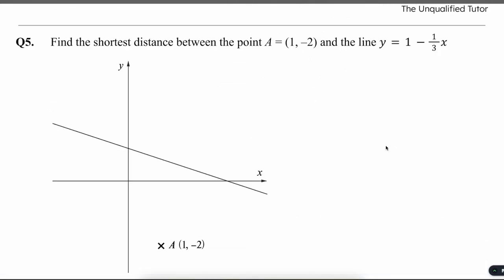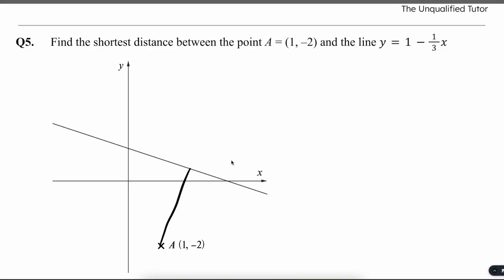Okay, question 5. Find the shortest distance between the point A equals (1, -2) and the line y equals 1 minus 1/3 x. So to do this, we basically need to find the shortest line that connects this line to this point. Okay, and how do we find that?